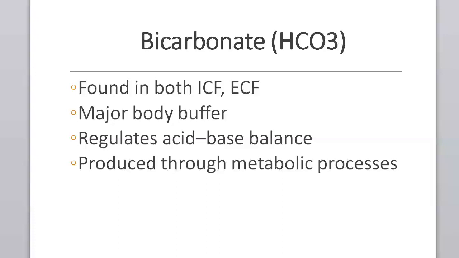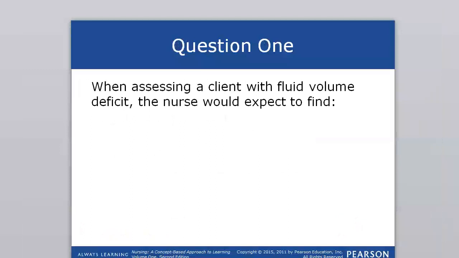Okay? All right, so what we'll do now is go over those practice questions that have to do with fluid and electrolytes. When assessing a client with fluid volume deficit, the nurse would expect to find what? This is extremely important.